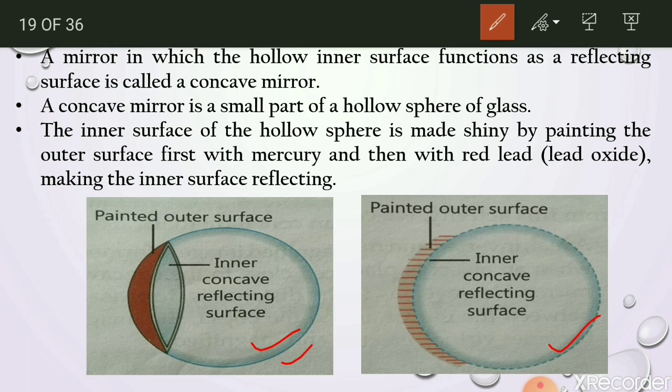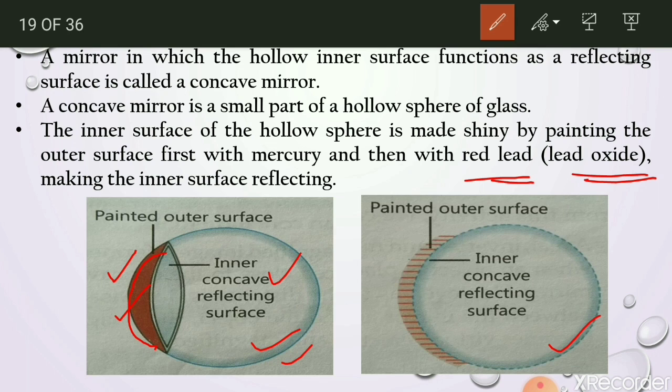You can see here this is the outer surface, it is painted with mercury and then with red lead, means lead oxide. So this is the curved mirror. When we paint the outer surface of this mirror, its inner surface will be the reflecting surface.